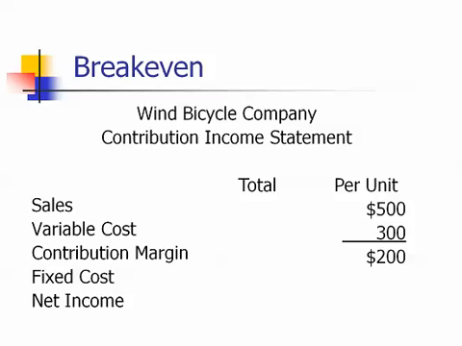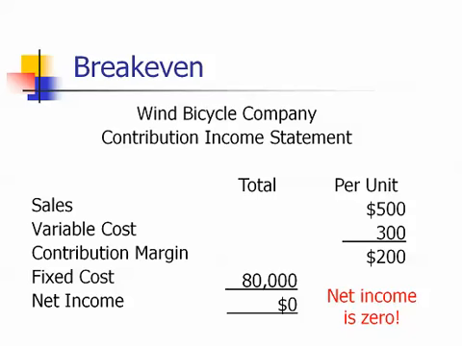The break-even point is where the net income is zero. Let's calculate the break-even point for the Wynn Bicycle Company. We start out by making net income equal to zero and work backwards up through the income statement. Fixed costs, recall, remain constant at $80,000. Thus, in order to break even, that is, achieve a net income of zero, Wynn's contribution margin must be $80,000.